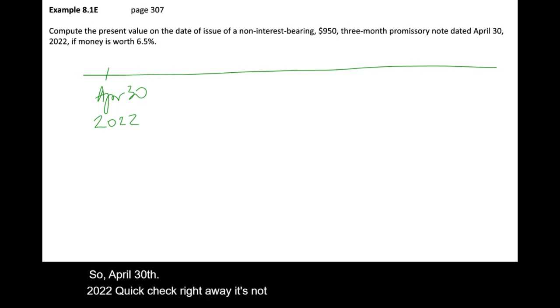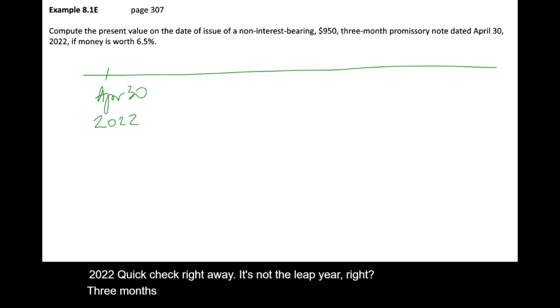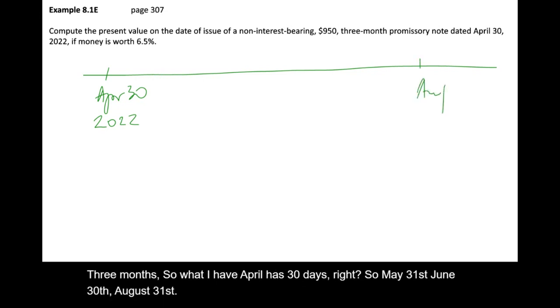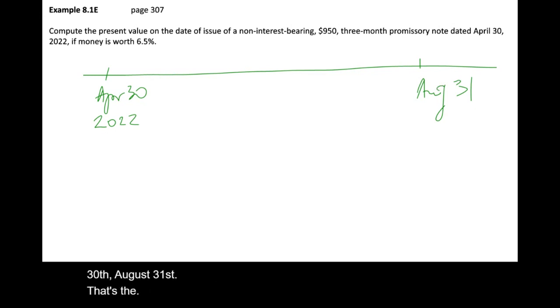It's not a leap year, right? 3 months. So what I have, April has 30 days, right? So May 31st, June 30th, August 31st. That's the maturity date.